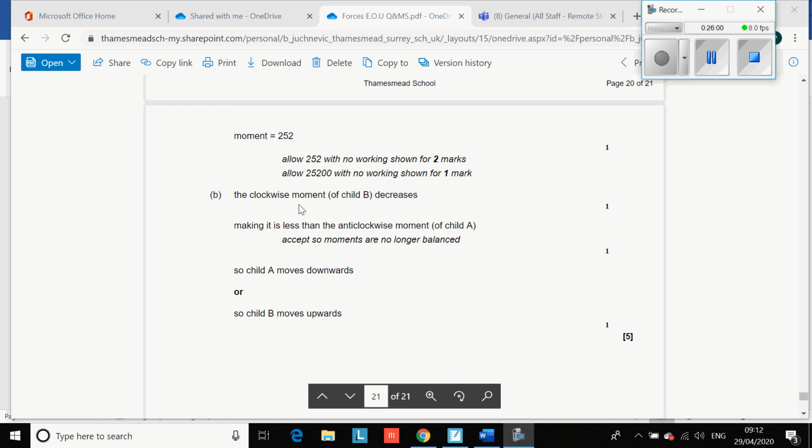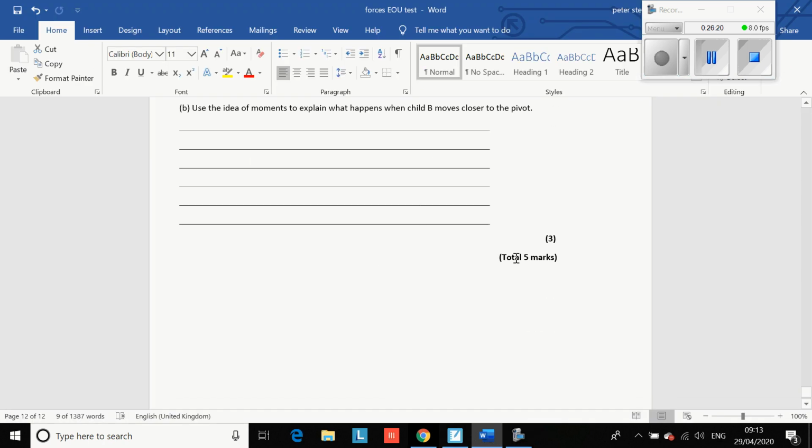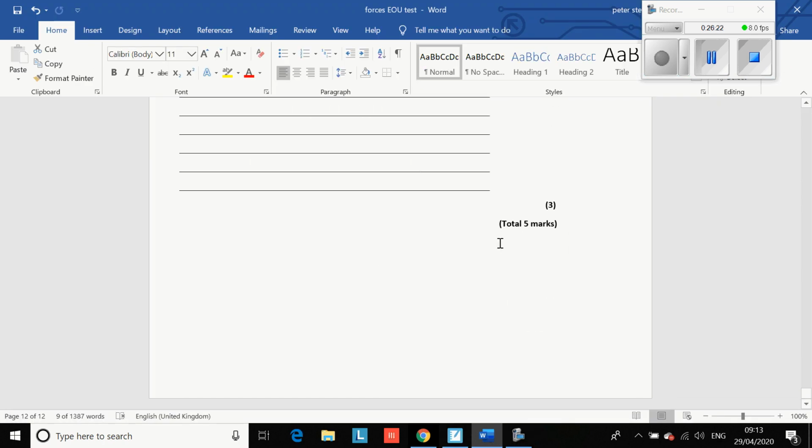The clockwise moment goes down, so it's less than the anti-clockwise moment of child A, because at the moment they're balanced, or they're no longer, so you could say they're no longer balanced. So child A moves down, or you could say child B moves up, describe that final motion. So 3 marks for that question. So a total of 5 marks for that question. And I think that was the final one.